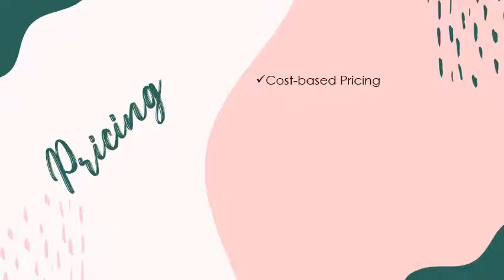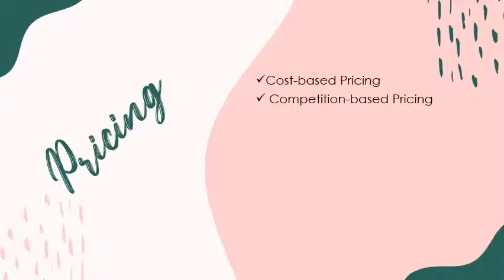So, pwede ka, magdadagdag ka ng 20 to 80% sa 5 pesos na yun. So, let's say, ibibenta mo siya ng 7 pesos, ibibenta mo siya ng 8 pesos, or ng 6 pesos, pwede din. Nakadepende ka dun sa presyo, or dun sa expenses na ginamit mo to create a certain product.